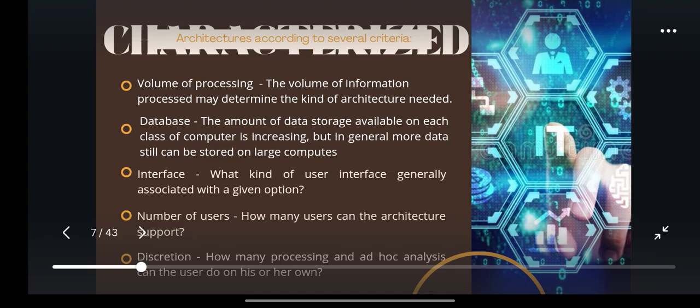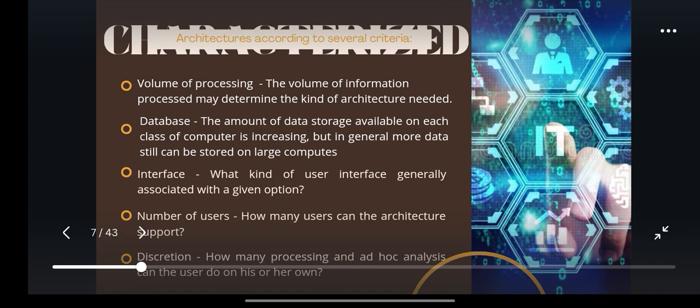So, we characterize architectures according to several criteria. So, here are some criteria. First, volume of processing. The volume of information processed may determine the kind of architecture needed. Database.